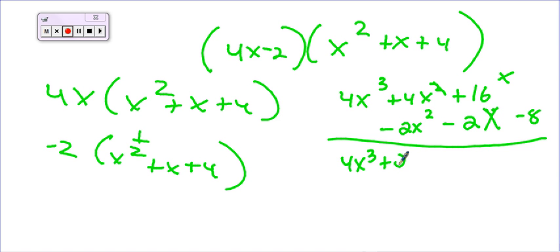And negative 2 times 4 is negative 8. Everything's in the right place, so I can add it up: 4x to the third plus 2x squared plus 14x minus 8. Done. Any questions on this? These are actually kind of fun because they're not that hard.